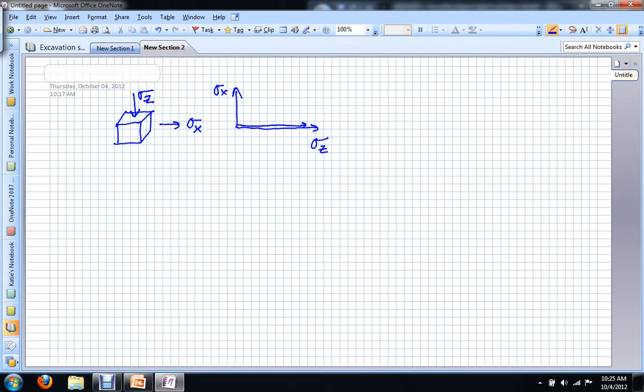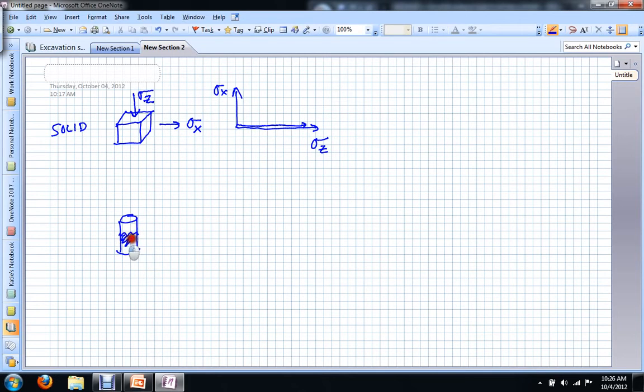Now, if we think about this in terms of a solid, we can press pretty much as we want until we reach failure before we're going to have any translation into the lateral direction.